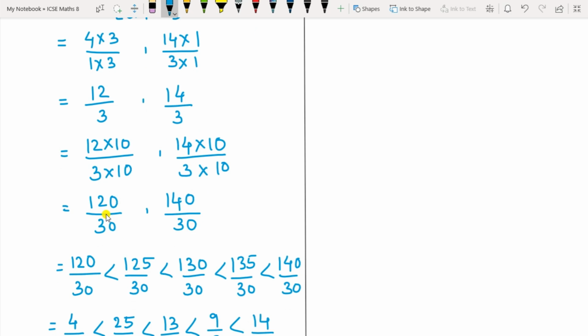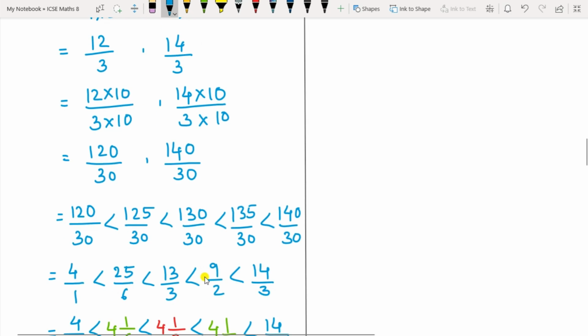Now there is a difference between 120 and 140, that is a difference of 20. So you can write any number between these two rational numbers. They are asking for three rational numbers, so you can write any three as you wish between 120 and 140.